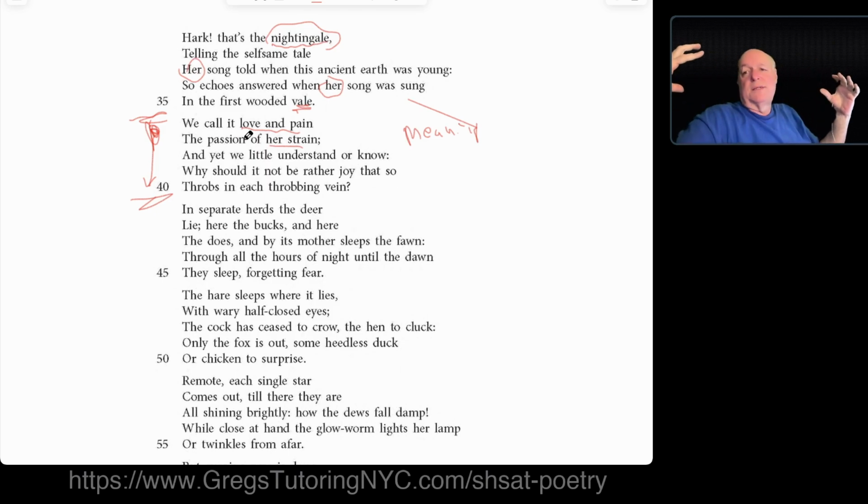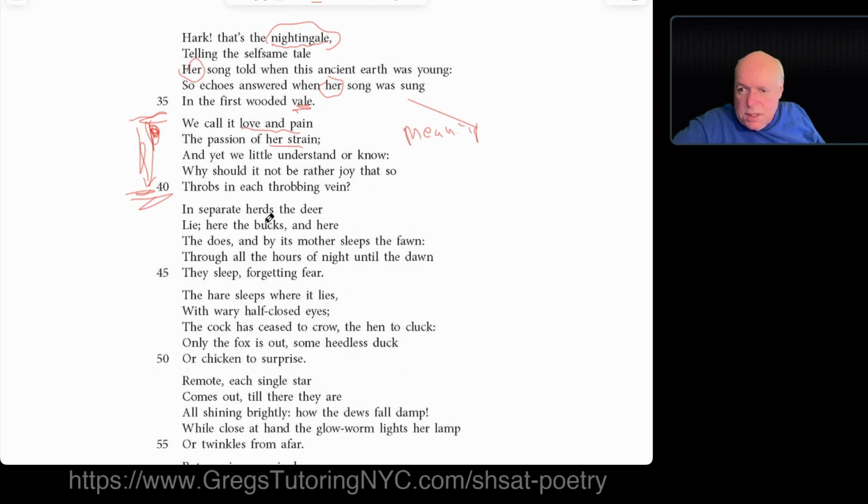Don't just zoom over these kind of things and say, I don't know what's going on. Spend a few more seconds and really try to make sense of it. It's not important to get it 100%, but it's important not to get it 0%. So you want to get somewhere in the middle there and just try to figure out where is the poet going? Why are they mentioning this? The author definitely broke the flow for this stanza here.